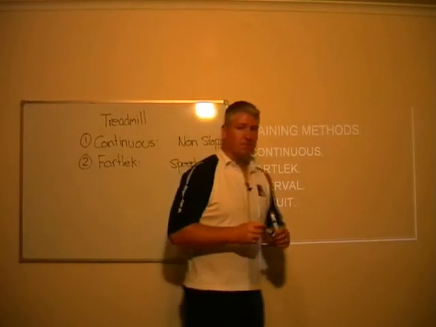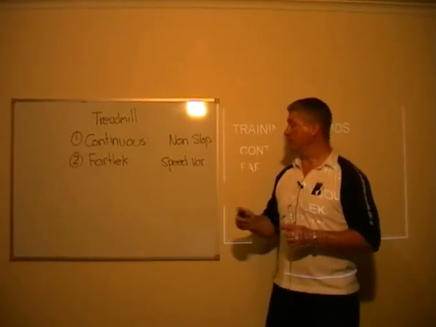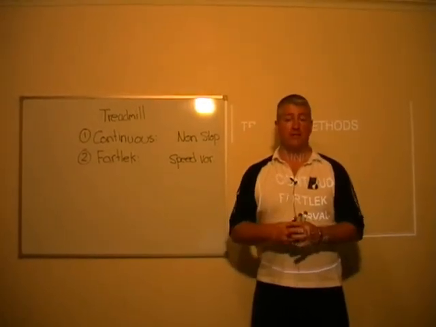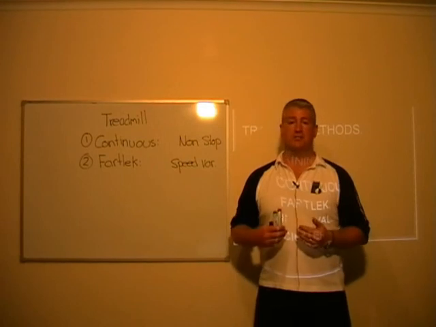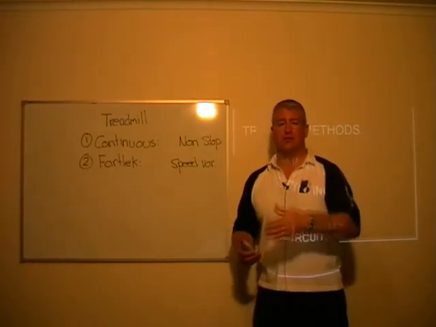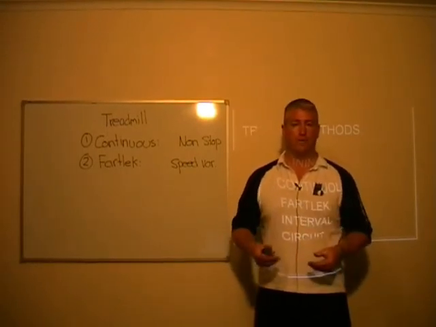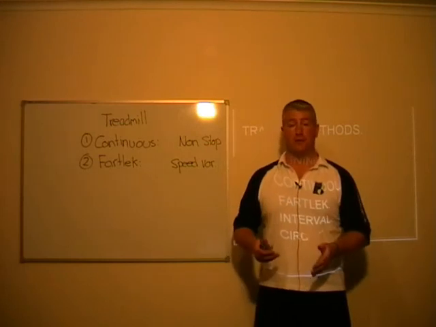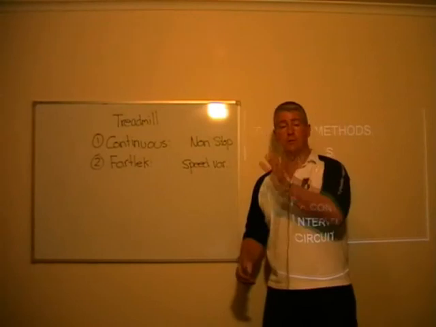Which is basically speed variations. Now, an example of a fartlek session on a treadmill would be working for 20 minutes. First minute is really high intensity, you run as fast as you can, let's say 12 kilometers per hour. Then for the next 3 minutes, you drop down to something like 6 kilometers an hour, which is only a light jog or a light walk. Then at the end of that 4-minute period, 1 minute high intensity, 3 minute low intensity, you repeat again.